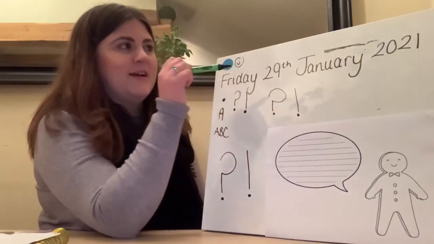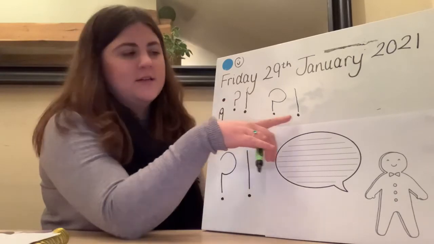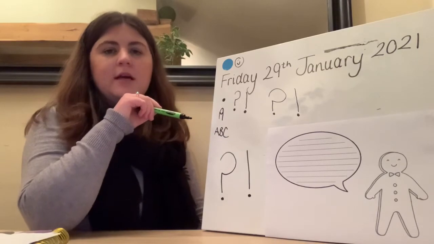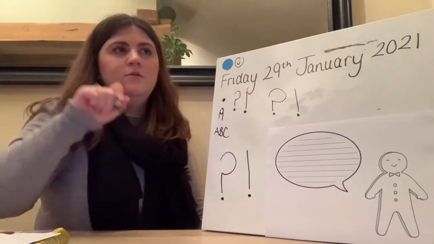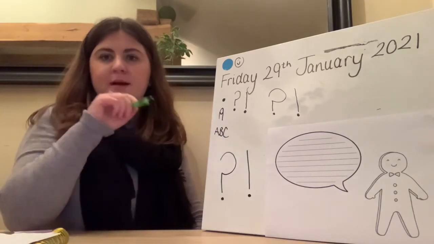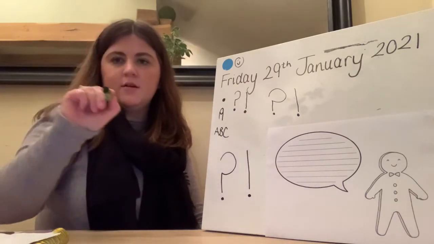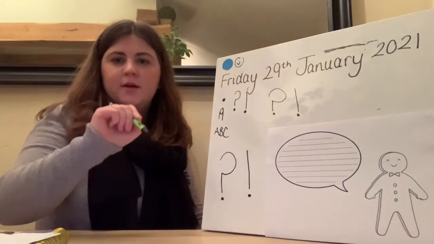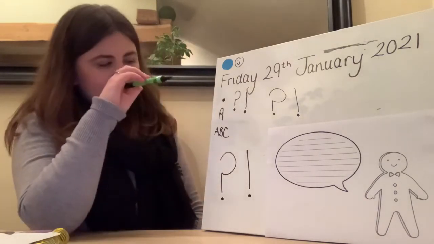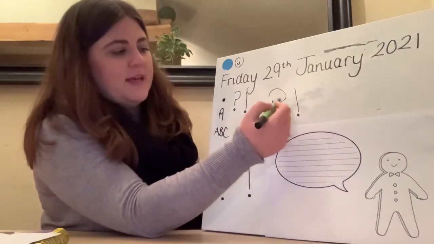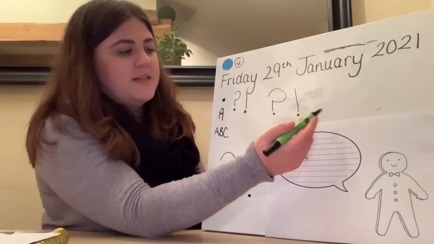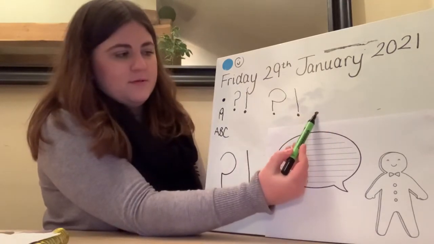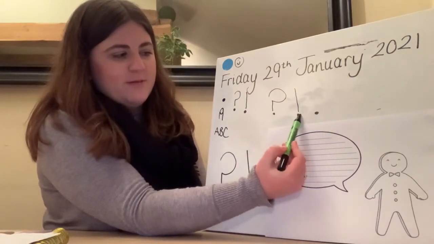Okay, so practice doing 10 question marks and 10 exclamation marks, just so you can practice forming them and seeing how they feel when you write them with your pencil. So you've got question mark, dot, and an exclamation mark. And quite a nice way of remembering these come at the end of sentences is because, just like a full stop, they have little full stops in them as well.